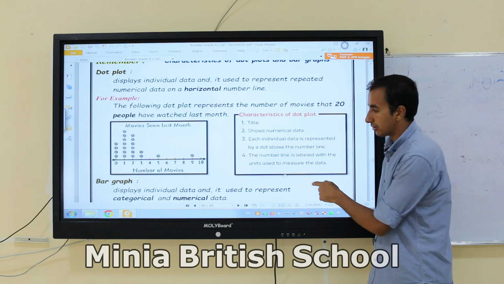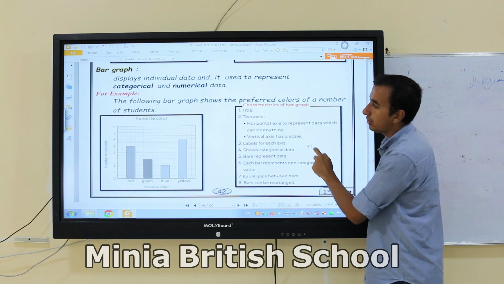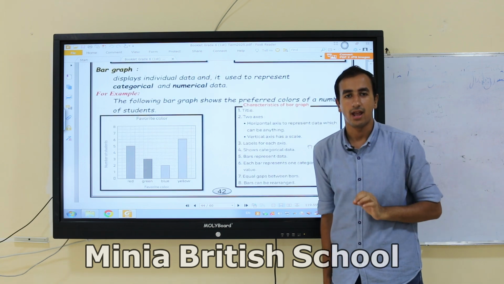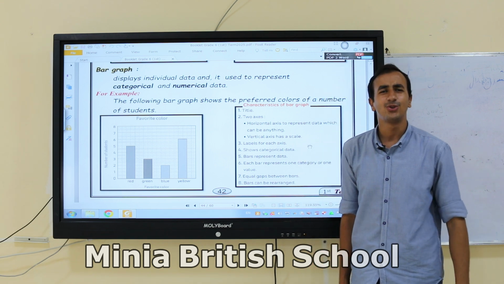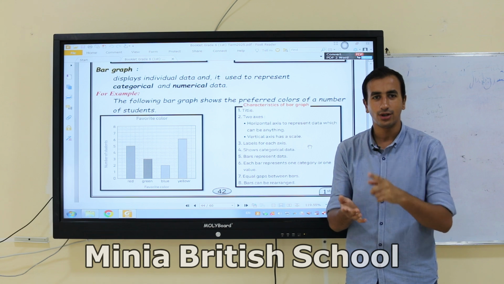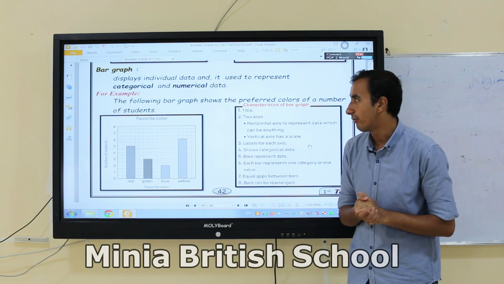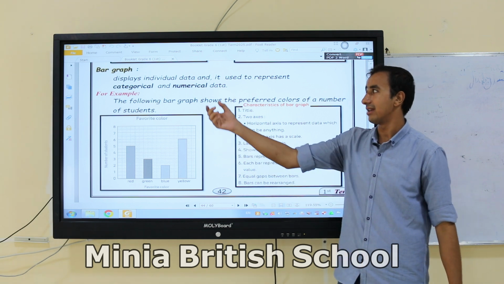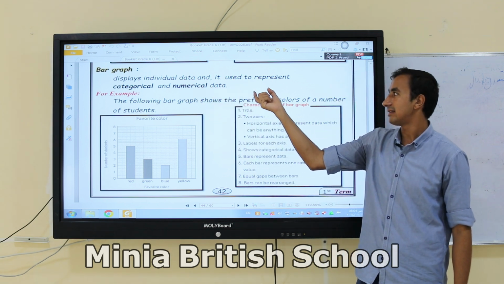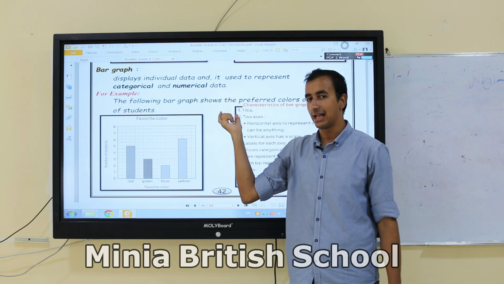That's called a dot plot. But the second graph here is called a bar graph. You talked about bar graphs from grade 2, grade 3, grade 4. A bar graph displays individual data, and it is used to represent categorical and numerical data.